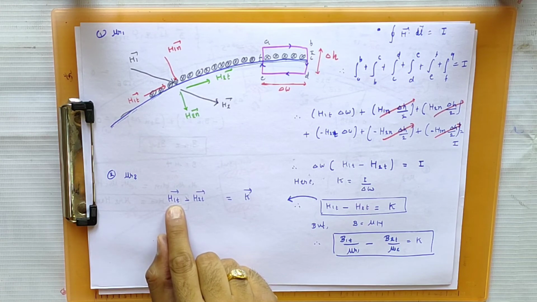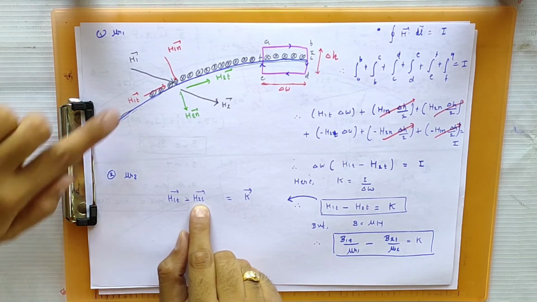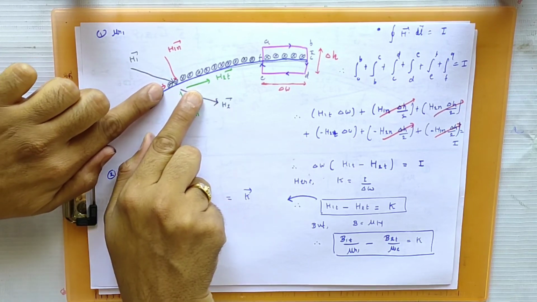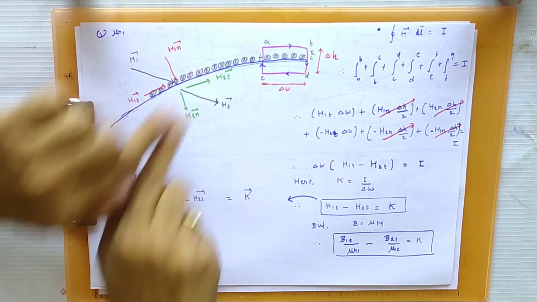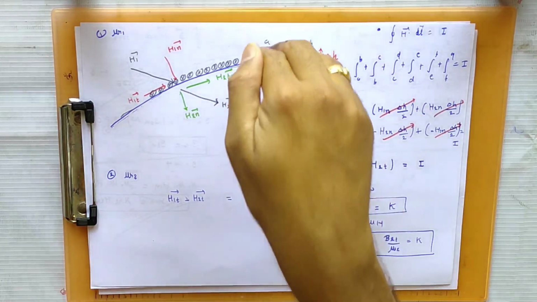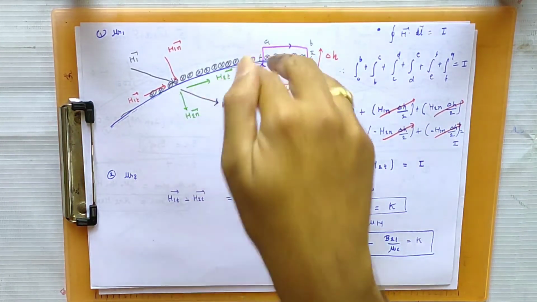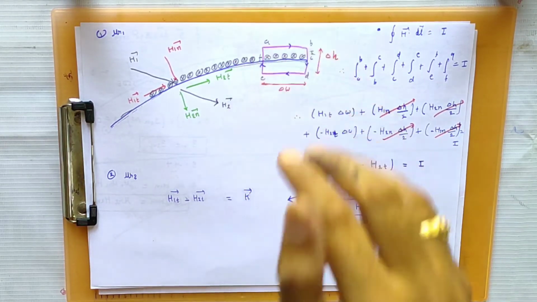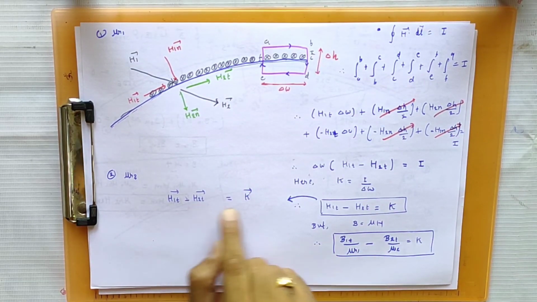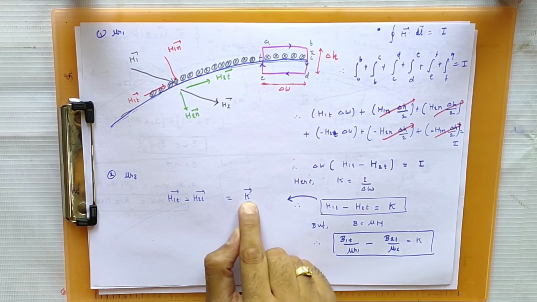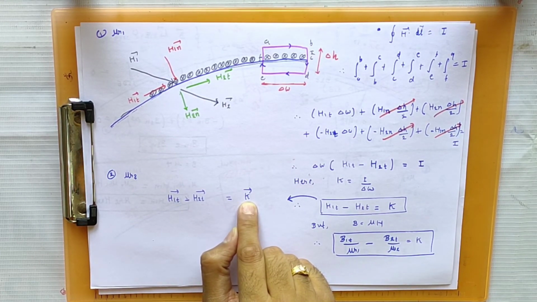What is the direction of H1T and H2T? Both are in the same direction. What is the direction of surface current density? It is in the same direction as the current, and the current is inside the page, so the surface current density is also inside the page. So these two directions are not the same: H1T minus H2T and K are not in the same direction.